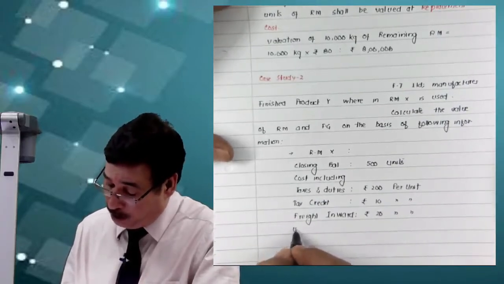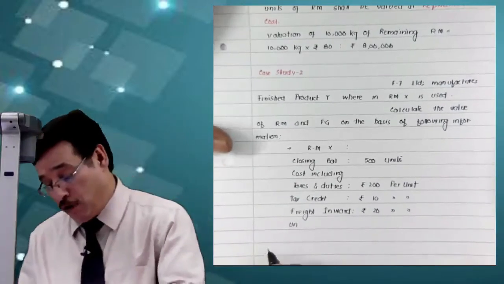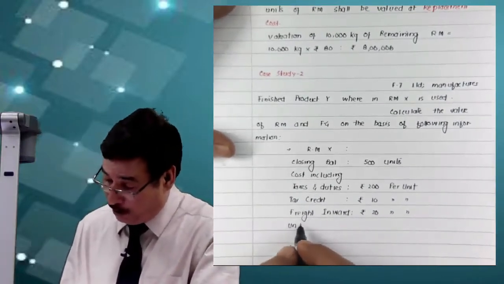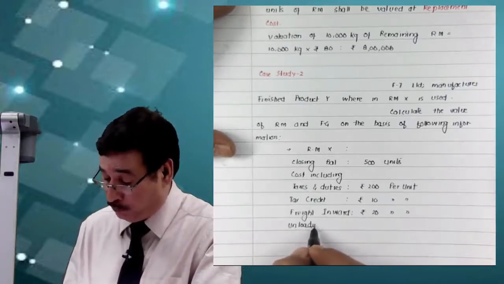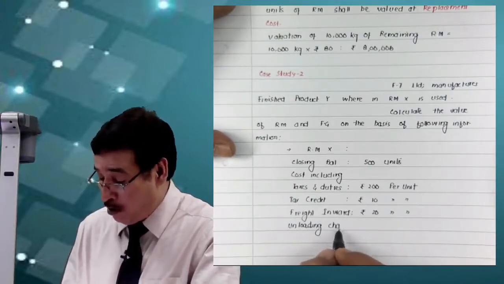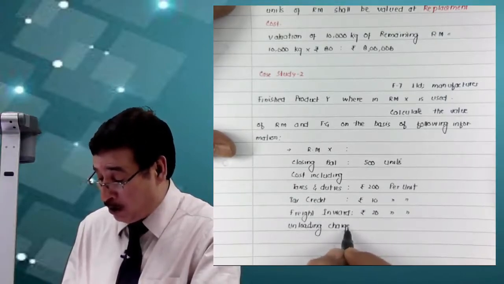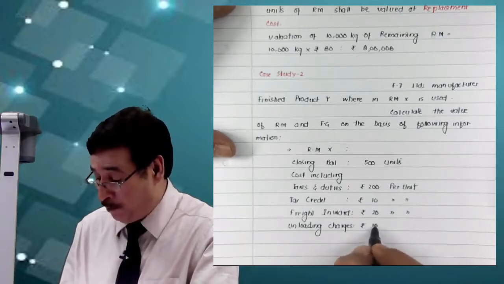Unloading charges. All these are expenses which are incurred in bringing the inventory to its present location. Unloading charges, let us say rupees 10 per unit.